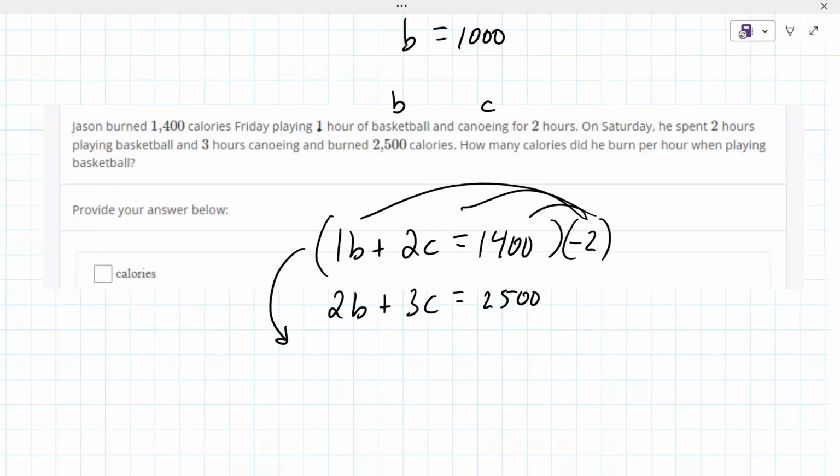So it would be negative 2b minus 4c. Okay, 4c, good. Equals 1400. You have to multiply everything, including that constant.